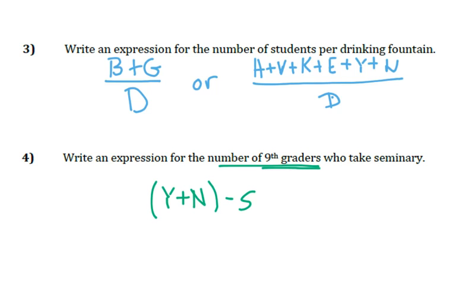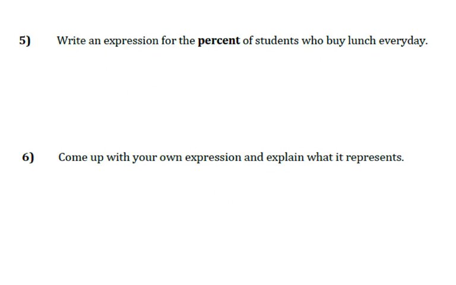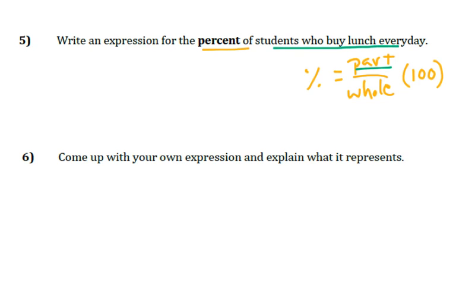And there's our expression. Number 5, we're going to write an expression for the percent of students who buy lunch every day. Now remember how to write a percent. A percent is written as the part over the whole, and then we multiply it by 100. So let's make sure we understand what's happening here. Our part is the students who buy lunch every day.